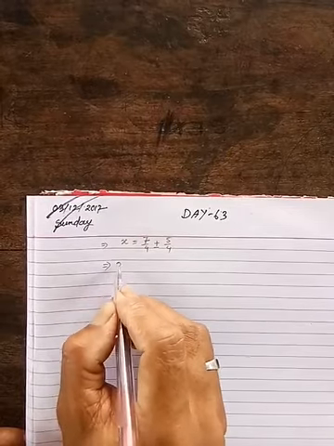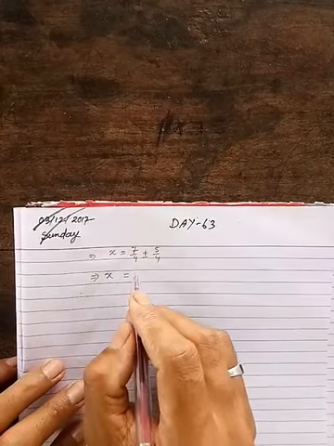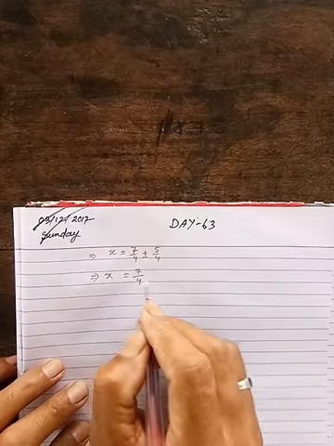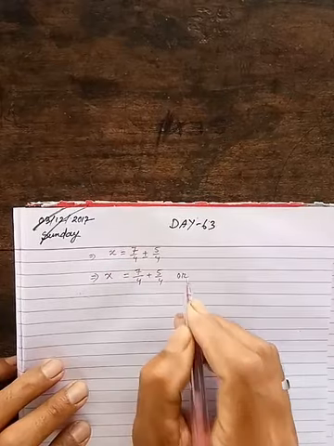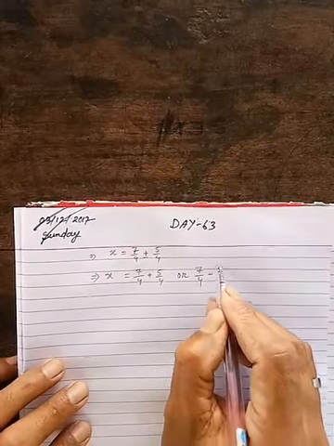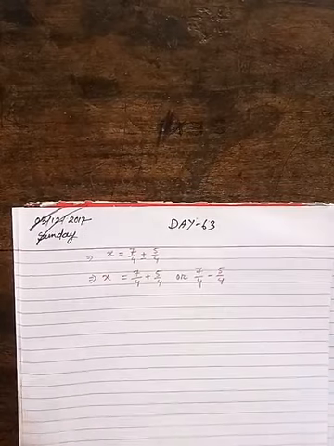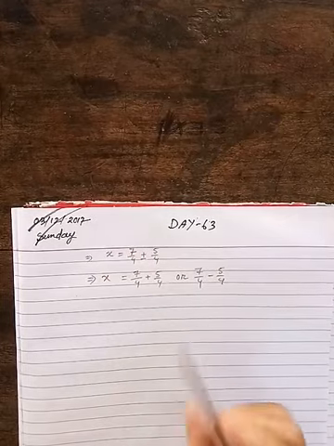Again it implies x equals, let us calculate. There are two cases: one is 7 by 4 plus 5 by 4, and another case is 7 by 4 minus 5 by 4, because there is plus minus, one in case of plus, another in case of minus.